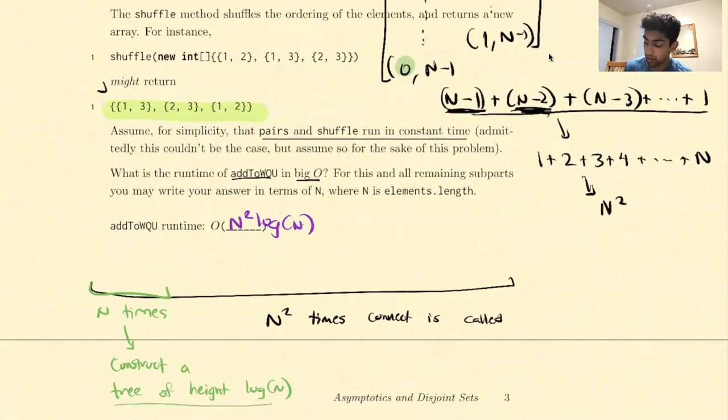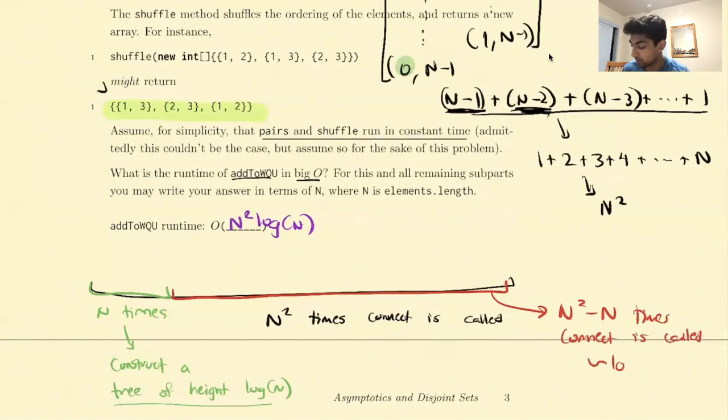Then let's say for the remaining n squared minus n times connect is called, it takes us on the order of log n. Okay? So what we can say now is that the runtime of the add to WQU method in this situation that I've contrived is roughly on the order of n squared log n, right? So what we can say is that a tight big O bound is going to be n squared log n, right? Okay.